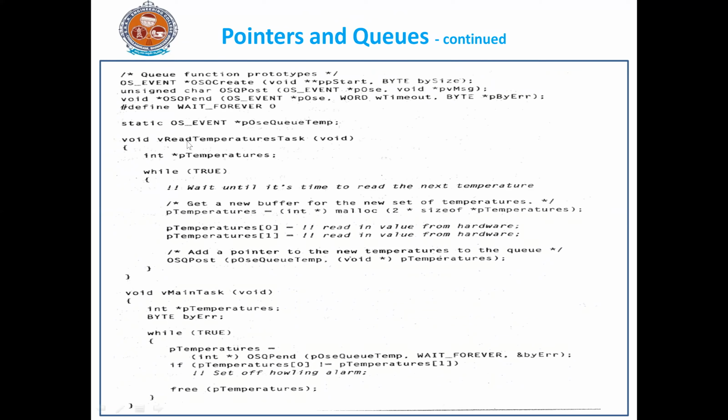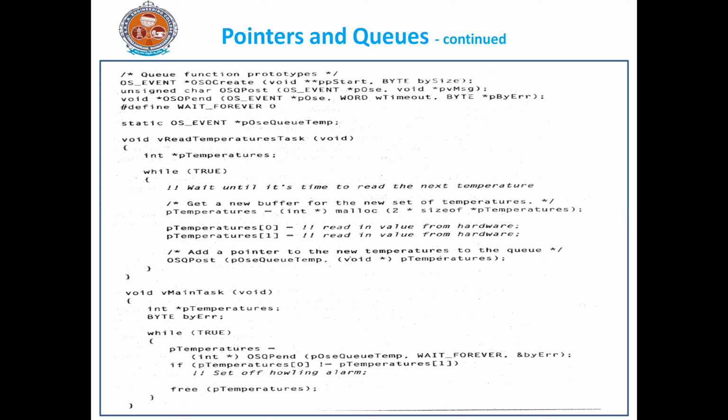Now if you see in the nuclear reactor example, the read temperatures task and the main task are sharing the data, that is, the temperature being read in the read temperatures task at two different locations.